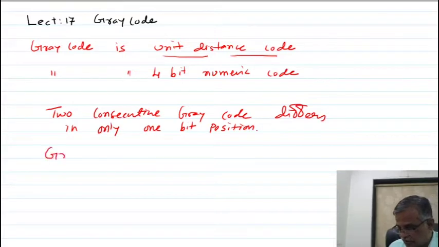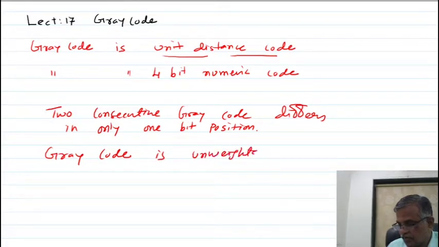Gray code is an unweighted code. The bit positions in a gray code do not have any weight assigned to them.